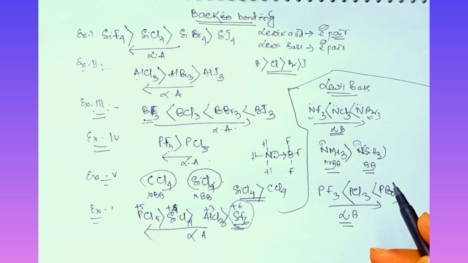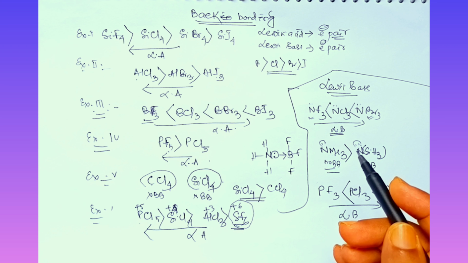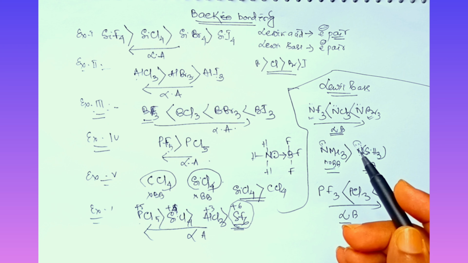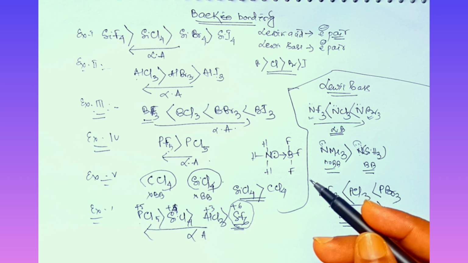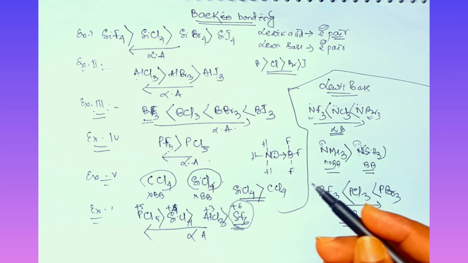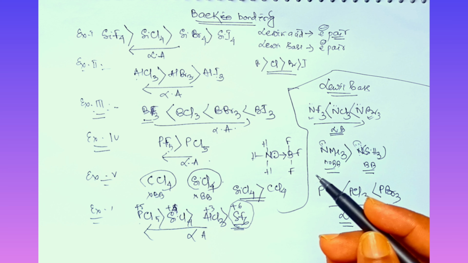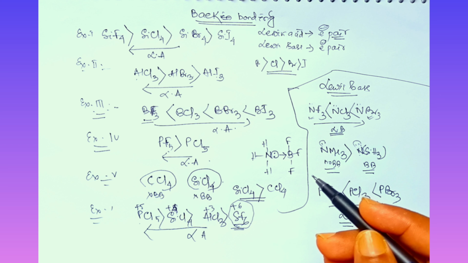That's all. So in this class we discussed some molecules where the back bonding concept is applicable. The fundamental line of this discussion is that whenever we are given some molecules, first of all we have to see whether the back bonding concept is applicable or not.